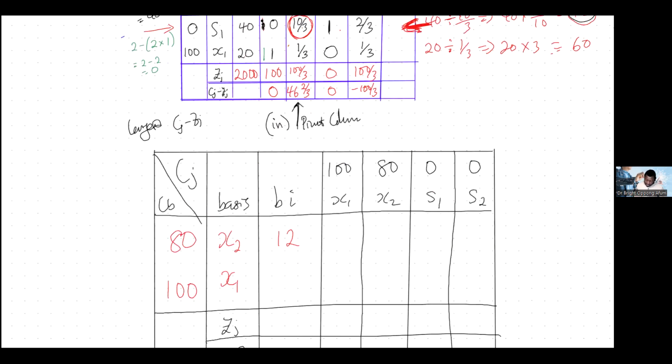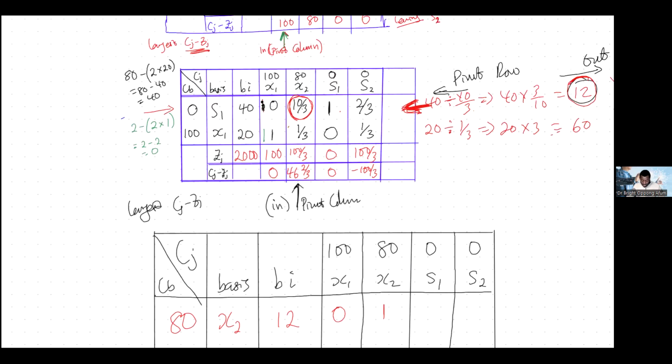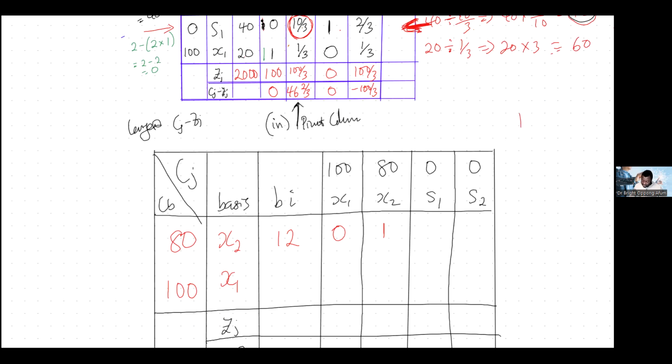So 40 divided by 10 on 3 is 12. 0 divided by 10 on 3 is 0. 10 on 3 divided by 10 on 3 is 1. So always the pivot number becomes 1 in the next iteration, right? Good. Now, 1 divided by 10 on 3 is actually 3 on 10.